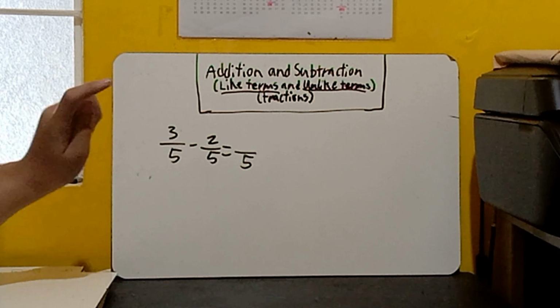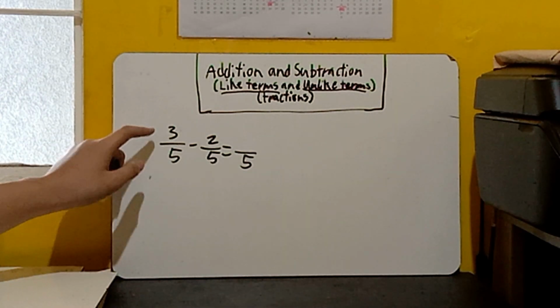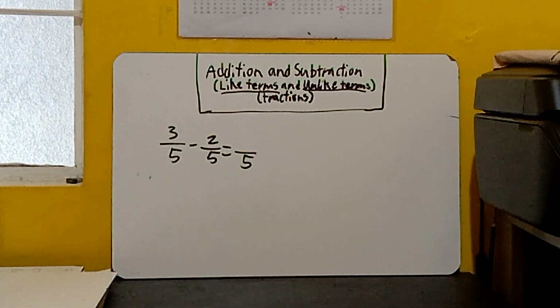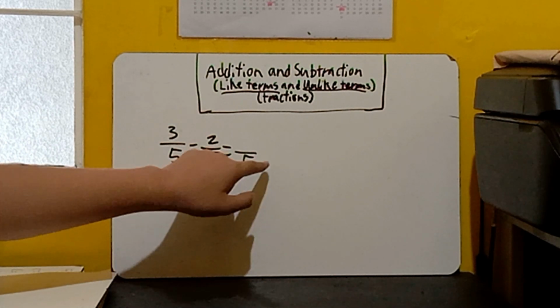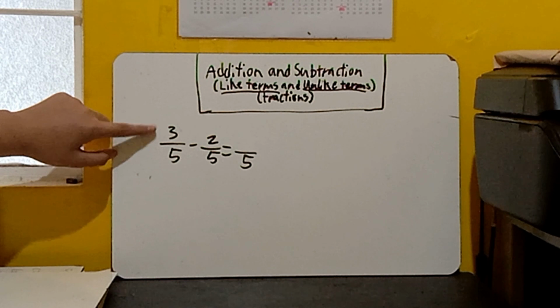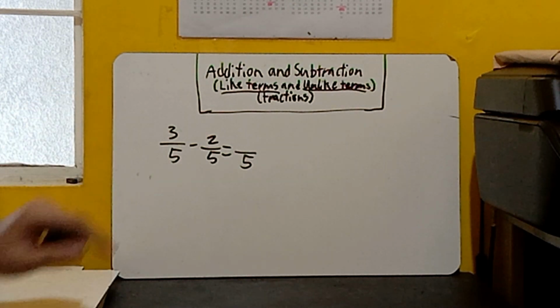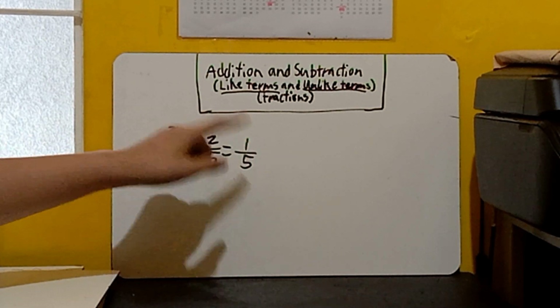Subtraction of fractions is the same as addition, but you subtract the numerators. So 3 minus 2 is 1. The answer here is 1/5.